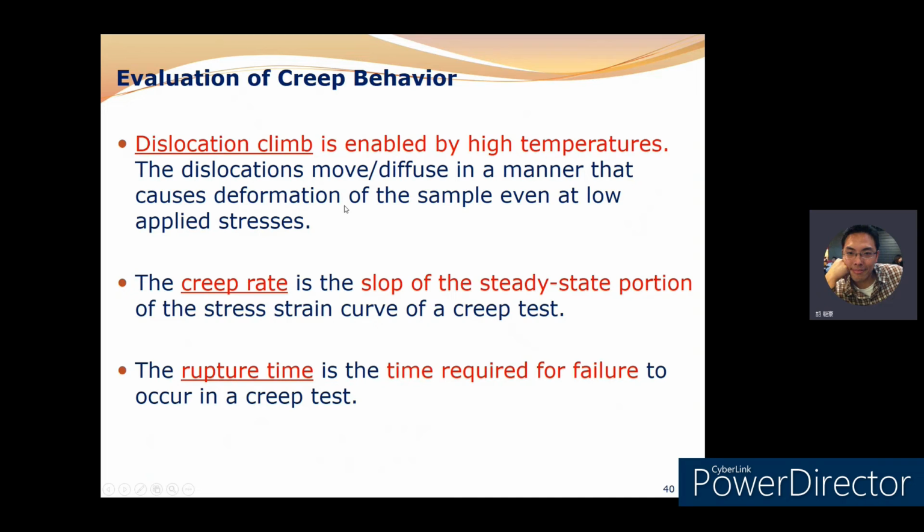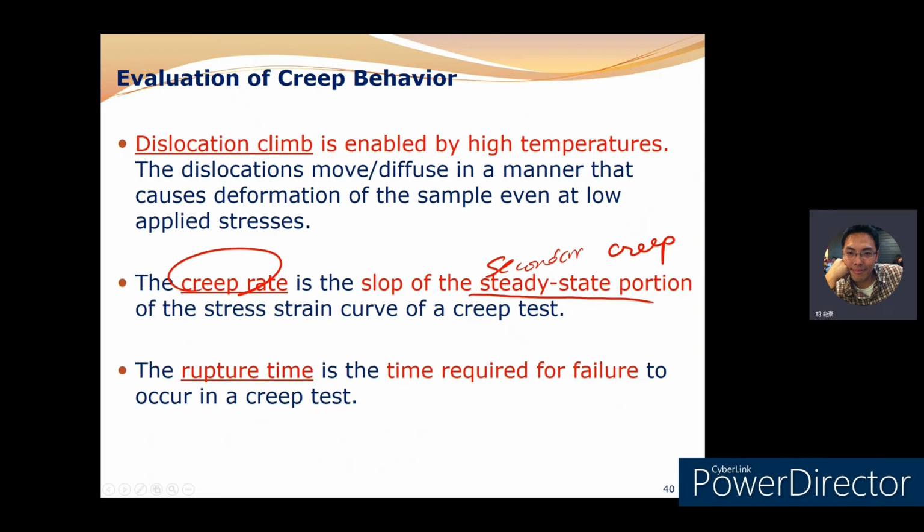And the creep rate is the slope of the steady state portion of the strain curve of a creep test. Therefore you have to remember that the creep rate is only for the steady state portion, that means the secondary creep.